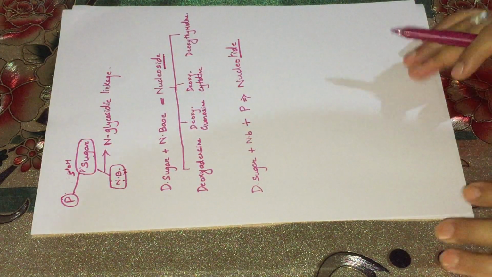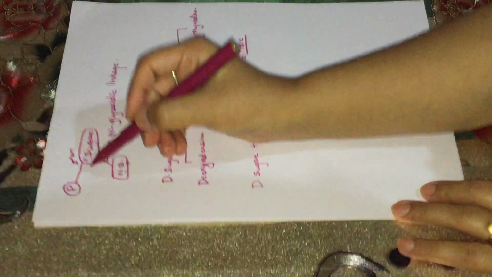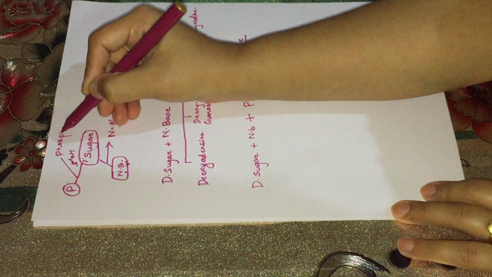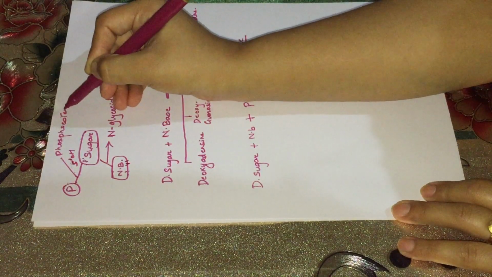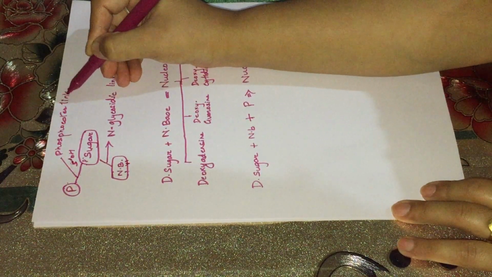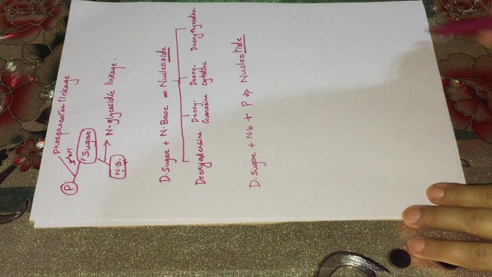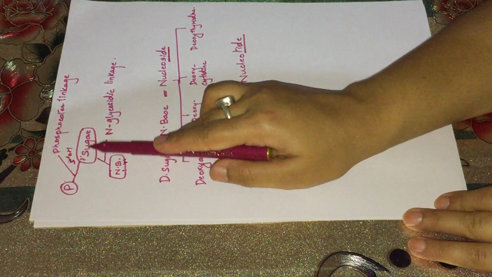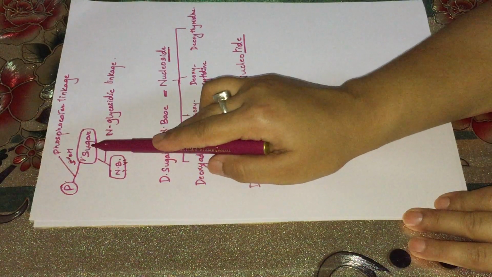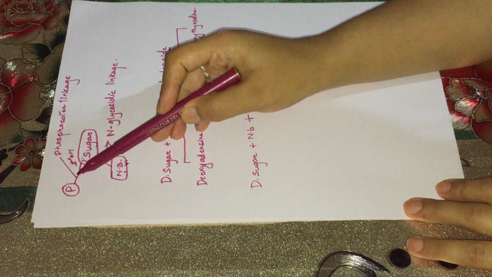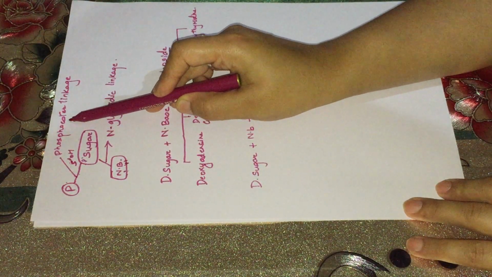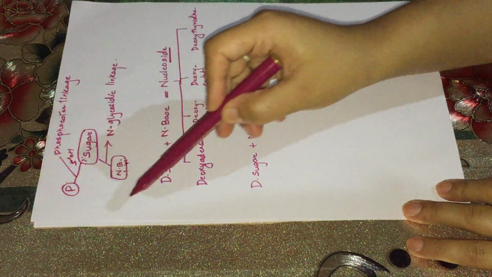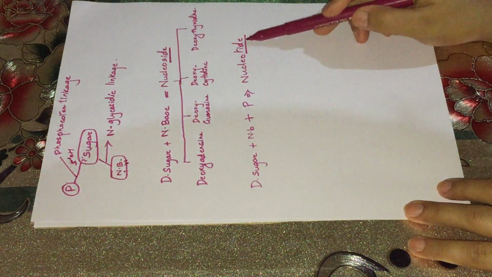This linkage is called phosphoester linkage. When phosphorus gets linked with ribose sugar at the 5-OH group through phosphoester linkage, then this whole structure together is called a nucleotide.